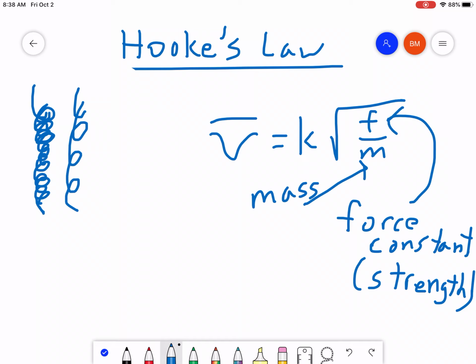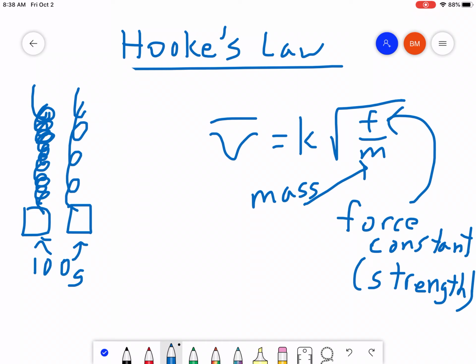All right, and on each one of these springs, I'm going to have attached a mass. They're going to be identical to each other. Let's just say 100 grams for both of them. And what you do is you let go of the mass, and you watch the spring bounce back and forth, or oscillate, at a certain frequency. Right?